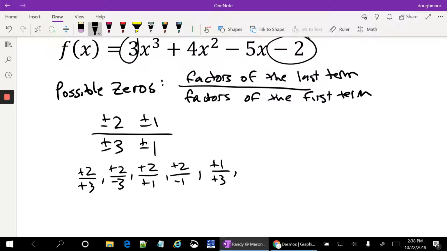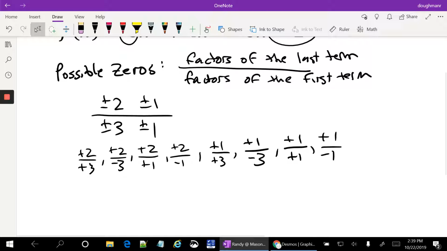It can be positive 1 over a -3. It can be a positive 1 over a positive 1, or positive 1 over a -1. And I didn't do all the -2s and -1s over all of them. I think you can test yourself and find that this is all of them.